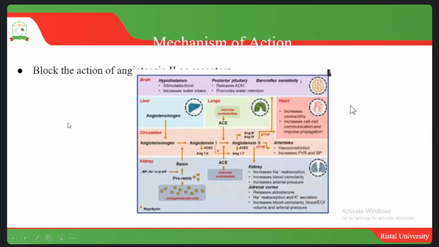So when you look at this diagram, it shows what happens in the liver because it is produced from the liver, and then in the lungs, what happens? There will be vascular endothelium, whereby the blood vessels around the lungs will also be affected, and yet the lungs are supposed to oxygenate the blood.